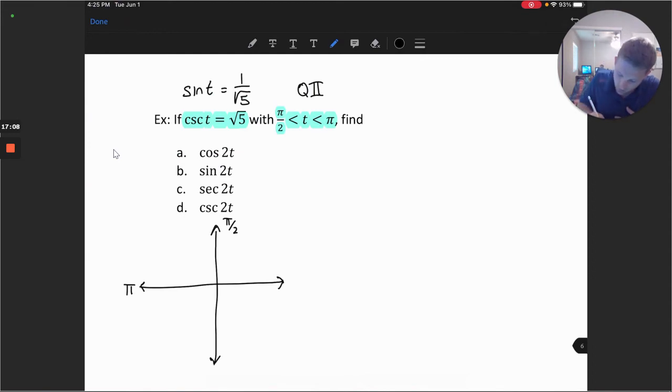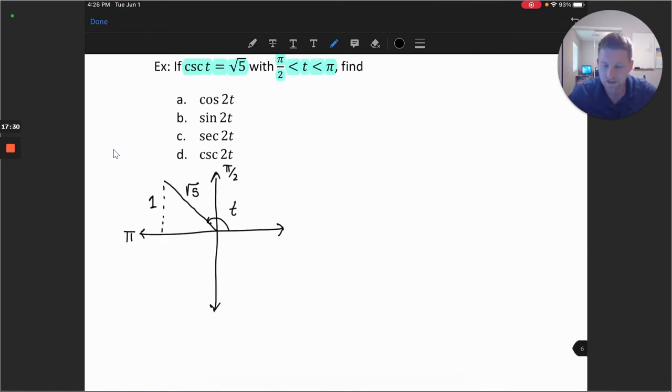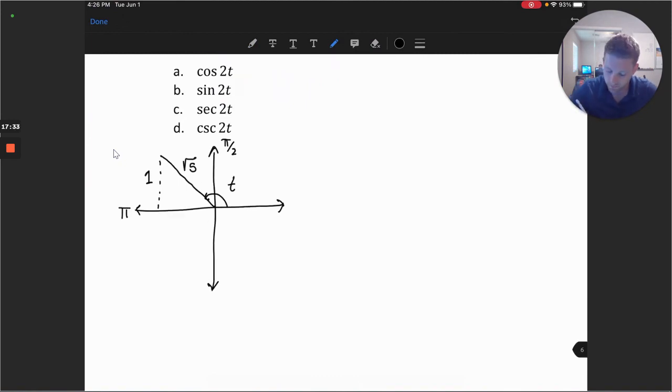So let's draw this in our quadrant. We're going to have a triangle with a hypotenuse of root 5. The opposite side is going to be 1. And so we need to work out the adjacent side here with the Pythagorean theorem yet again. We'll call this the a side. So we know that the square root of 5 quantity squared equals 1 squared plus a squared.